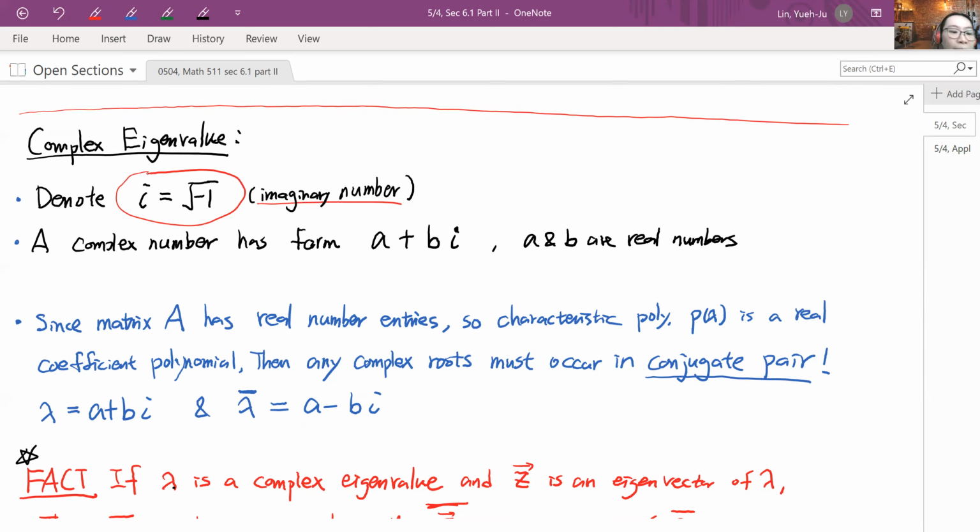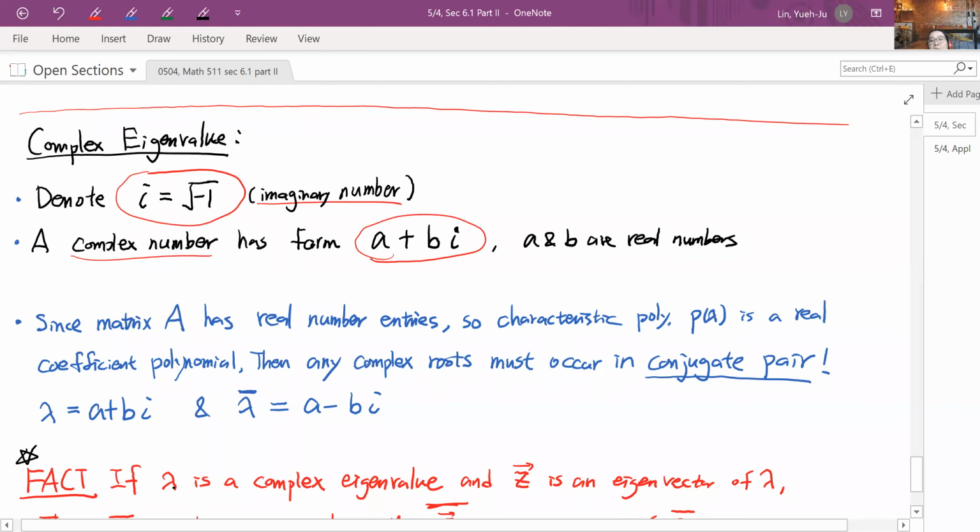And a complex number simply means any number in the format a plus b times i, where a and b are the usual real numbers we know. For example, you could have 2 minus 3i. That's one type of complex number. Or you can have minus square root 5 times i. You may not have the a part.